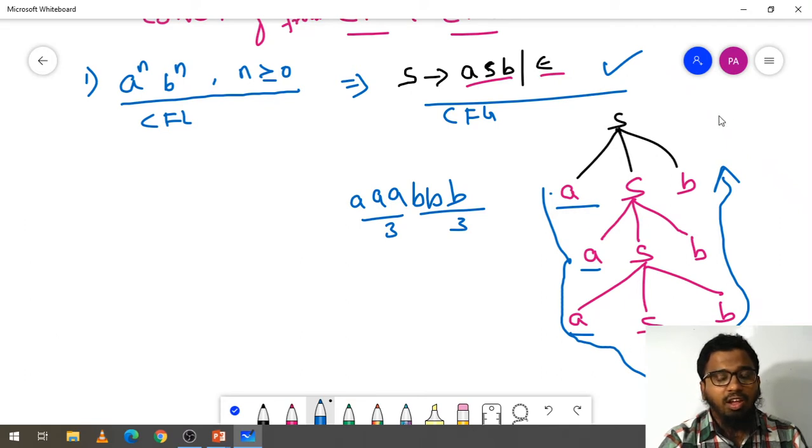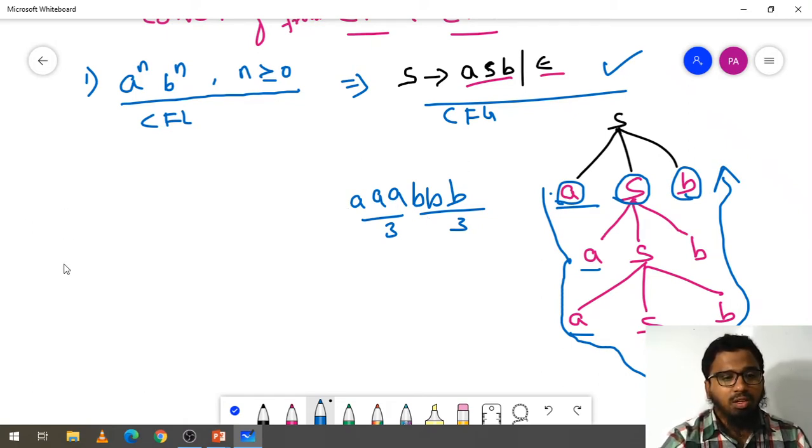Here the capital S is a non-terminal that you can expand, and a and b are terminals where you can stop. So this is one example.